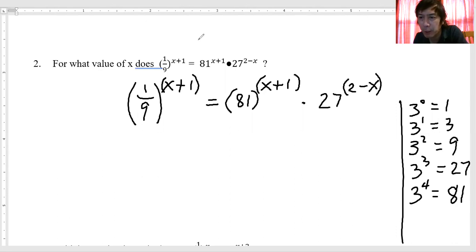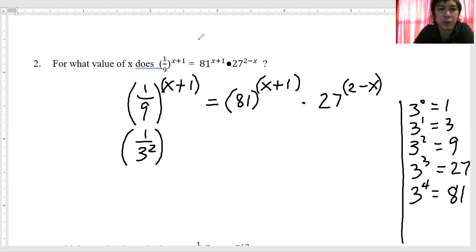We can express 9 like 3 squared. So you can write this 1 over 3 squared there, and then this is raised to the power x plus 1. And then 81 can be written 3 to the 4th, 3 raised to the power 4.